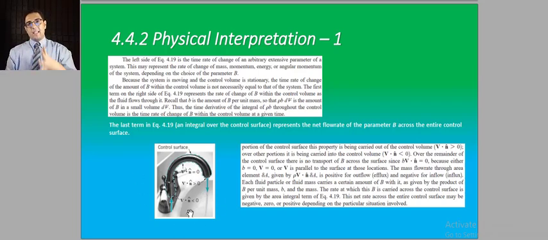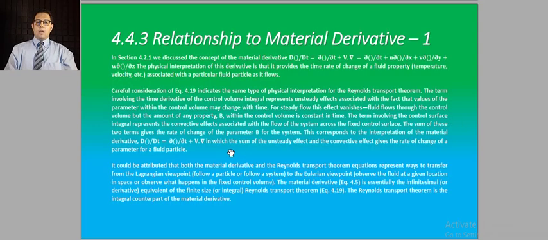By having the same imagination and assumption about what we have already instructed about the Reynolds transport theorem, you can have the physical interpretation of this concept. Here, once again, it points to the relation between the material derivative of the parameter B and the Reynolds transport theorem.